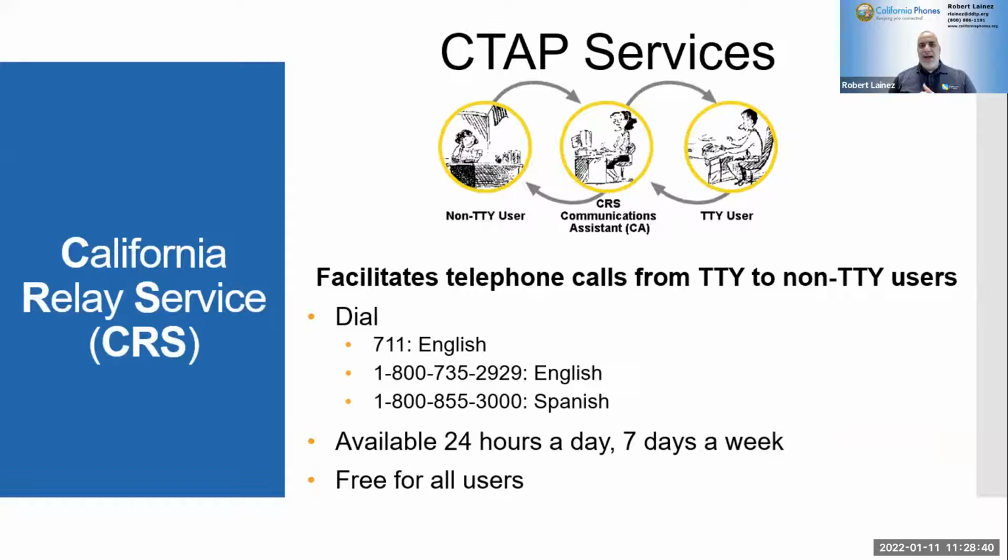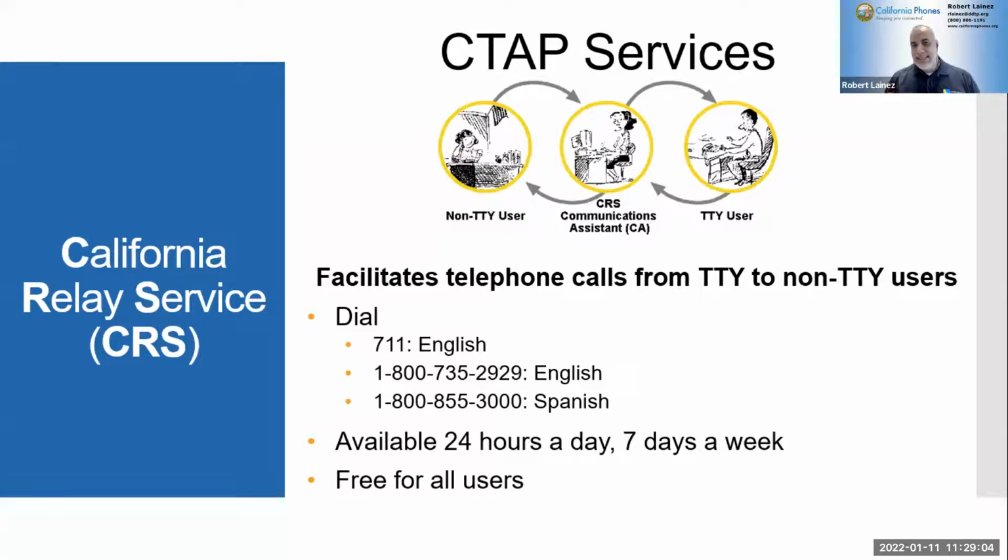Okay, so we talked about TTY, we talked about California Relay Services. We also manage that for the state. And the way that works is a TTY user. Here is a TTY user on the far right. That is a person who has no hearing or no speech or both.